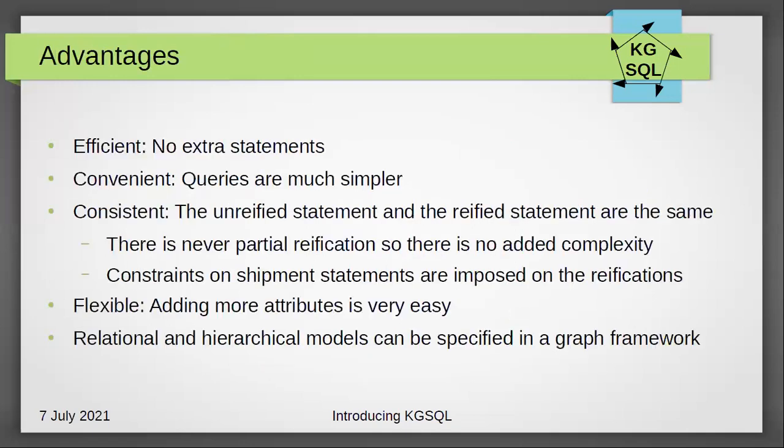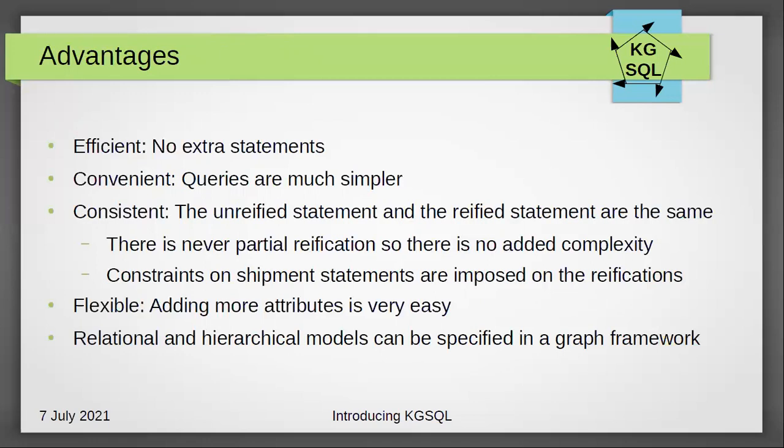So what are the advantages of taking this approach? Well, okay, now it's efficient. We don't need those extra statements. It's convenient. Queries are much simpler. Consistent. The unreified statement and the reified statement are the same.